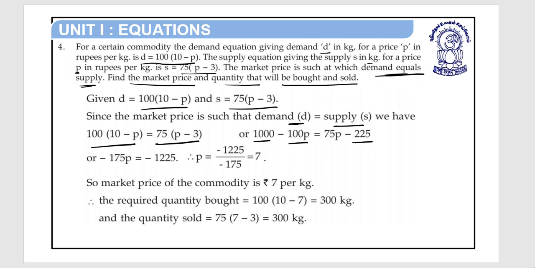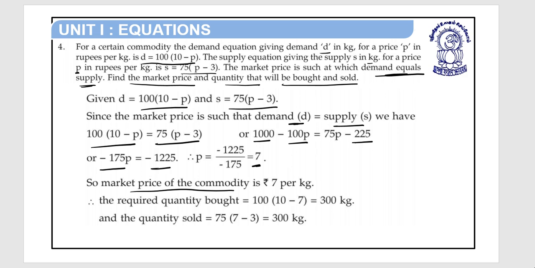So minus 175P is equal to minus 1225. So P is equal to 1225 divided by 175, which is 7.